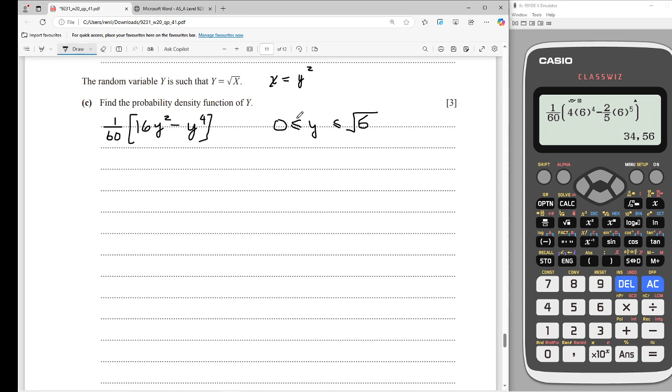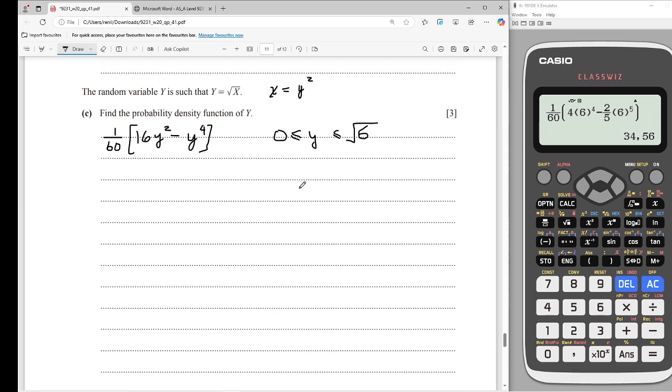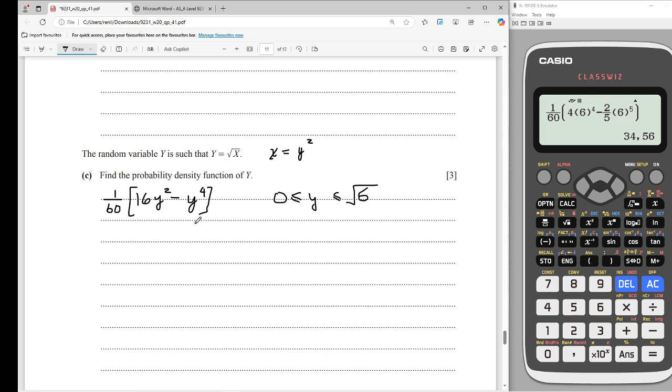Okay, now that we've done that, this isn't it just yet. We need to find the PDF of y, which means even if we found the g function of y, we write it as g, not f. Now that we found the g function, we need to find the lowercase g of y. How do we do this? It's going to be simple, just normal differentiation.